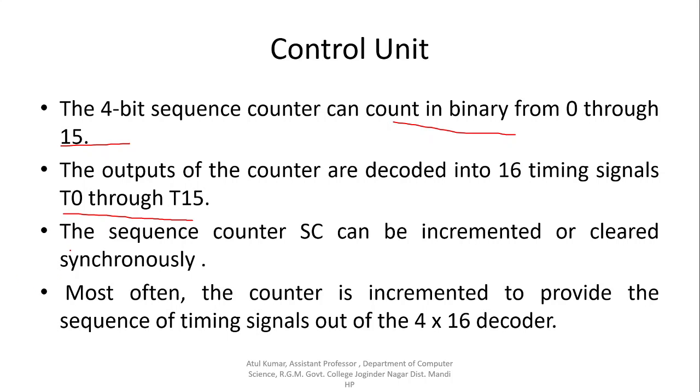The sequence counter SC can be incremented or cleared synchronously. Most often the counter is incremented to provide the sequence of timing signals out of the 4 into 16 decoder.